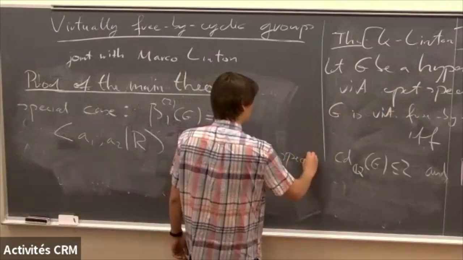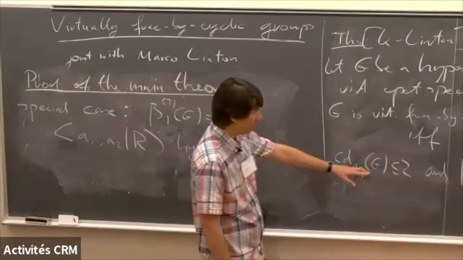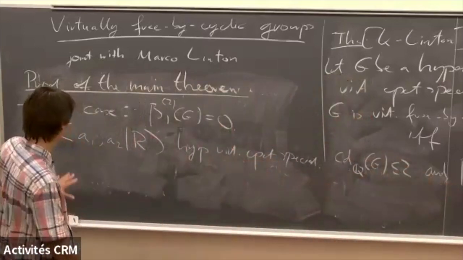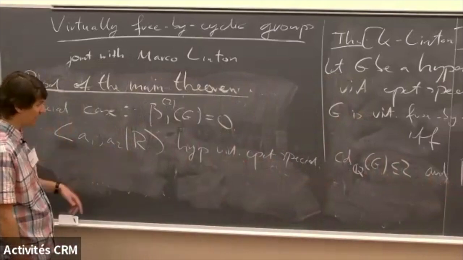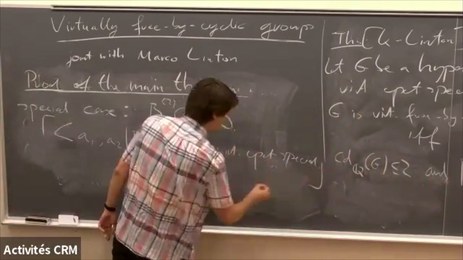Such a one-relator group is going to have the vanishing of both first and second L2 numbers and the correct homological dimension. Okay, so this is kind of an example. This is a very thorough example. Okay, so this is just something to keep in mind for the special case.